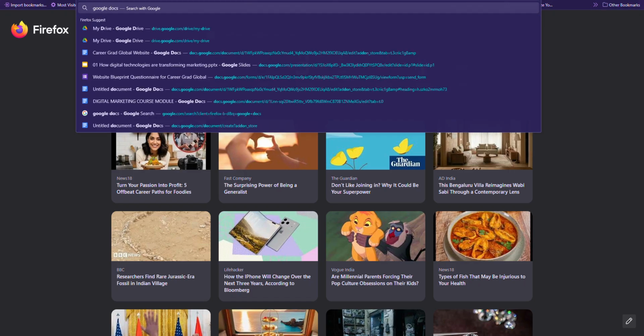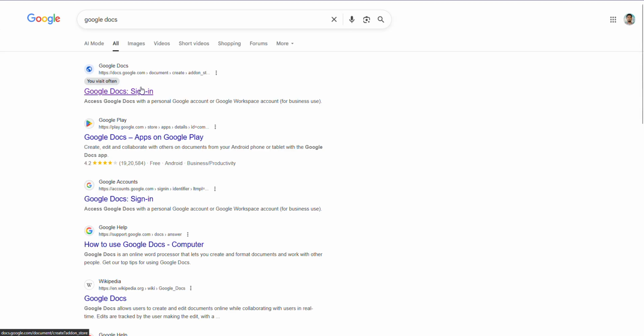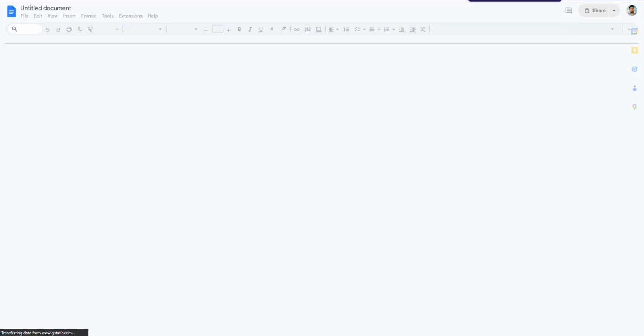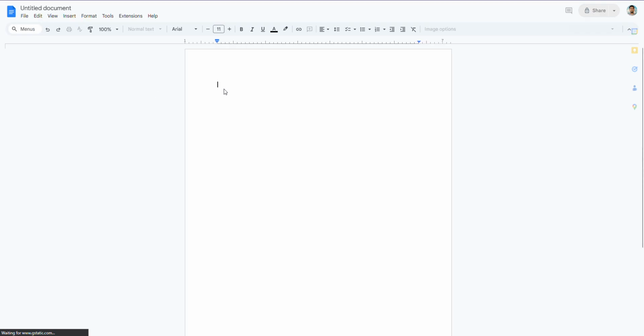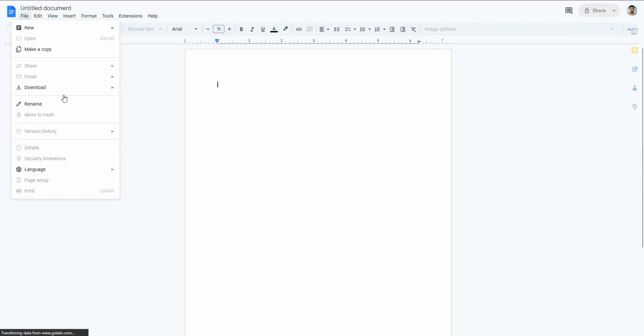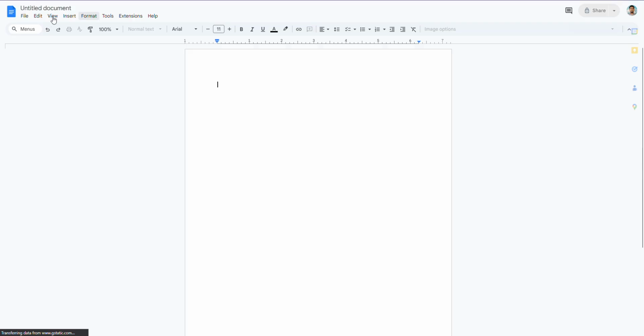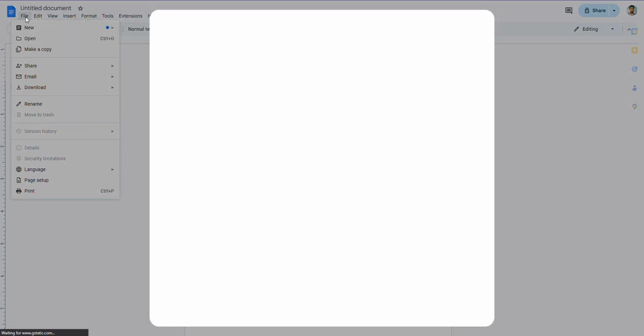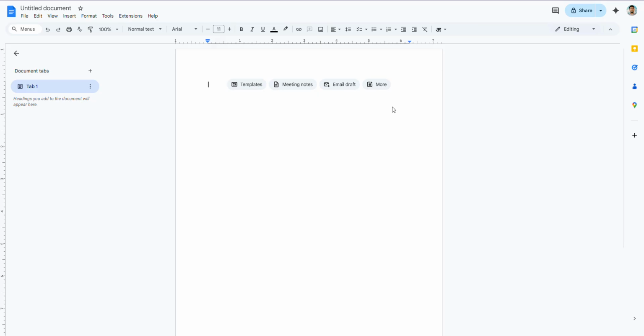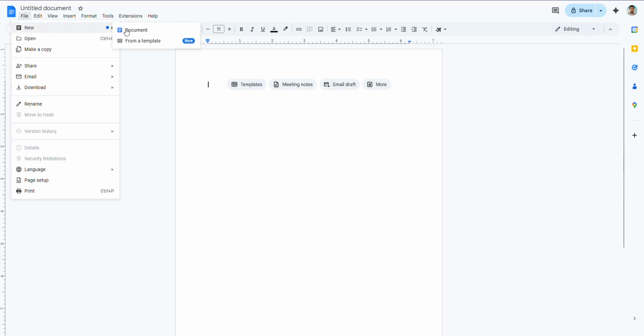To show you one, if we go to Google Docs, Google Docs has templates, so you can use those templates as well. When we go onto here, we see templates, or even when we create a new one, we can get from a template.